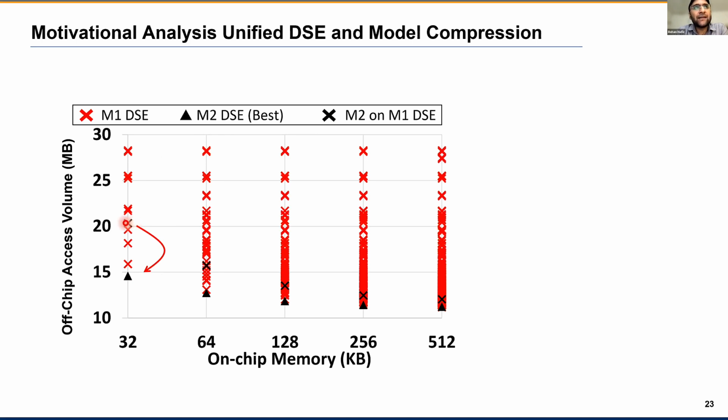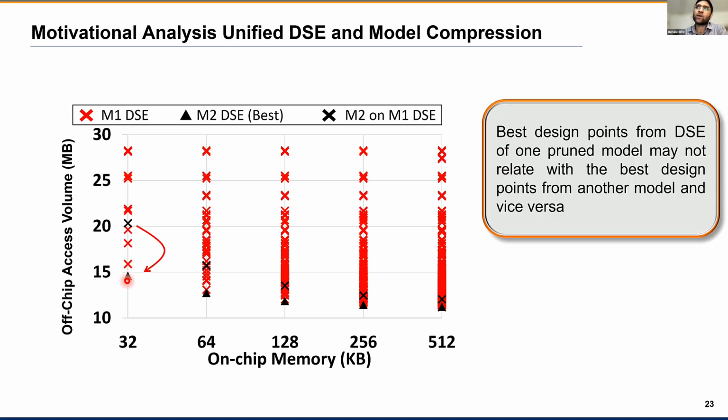What you can see in this point is that it is consuming more than 20 megabytes of off-chip access volume. However, if we had done our design space exploration using the M2 model, this would have been our solution, which is consuming only 15 megabytes of off-chip access volume.